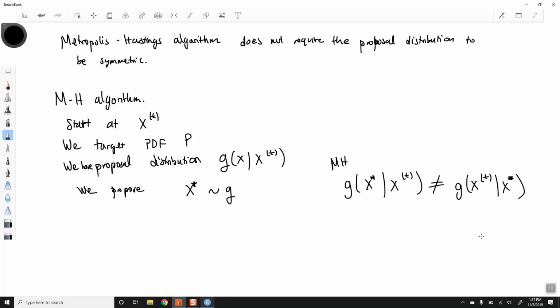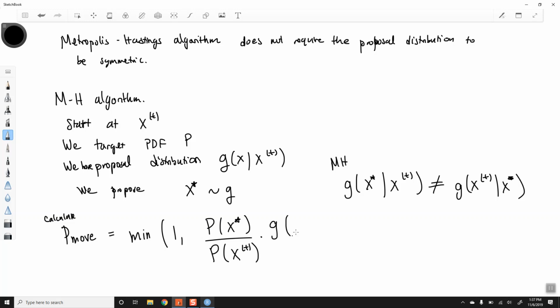So what we do is we adjust the probability of moving. We calculate P move as the minimum between 1 and the proposed divided by the current, and then we adjust for the fact that these things are not symmetric.